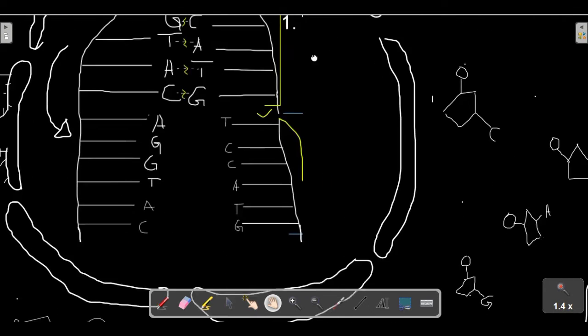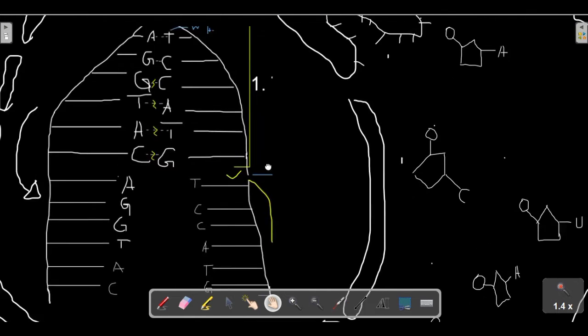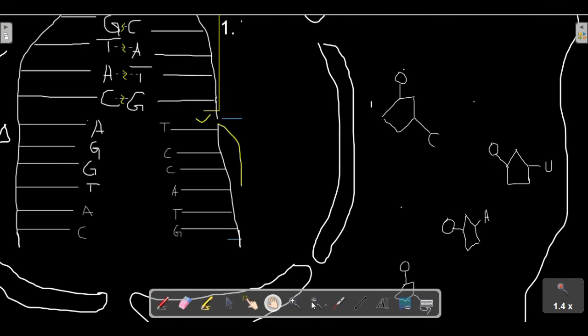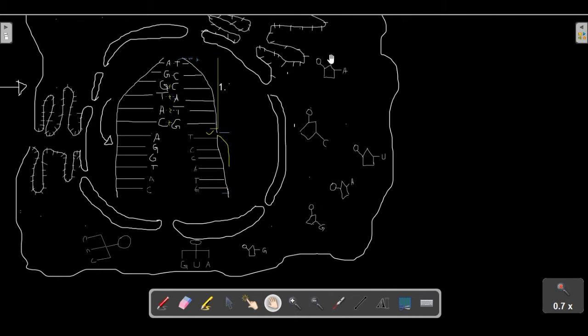Inside this nucleus, you actually have a nucleoplasm, and you have free-flowing nucleotides. I drew them in the cytoplasm, which is of course incorrect.